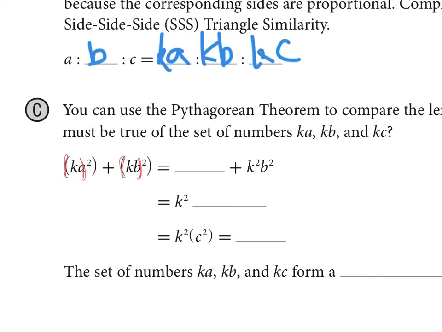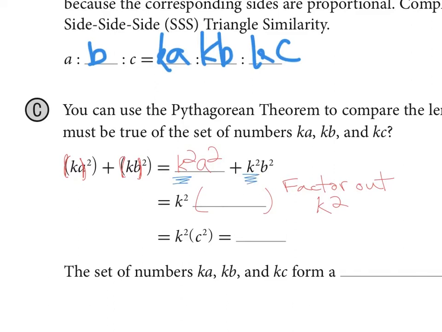If you adjust that, then our fill in the blanks here become very easily the square of k and the square of a, or k squared a squared, plus k squared b squared. The second step on part C asks us to basically factor out the common k squared that we see in each of those terms. We've got a k squared there and a k squared there.